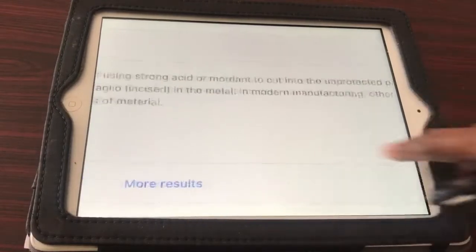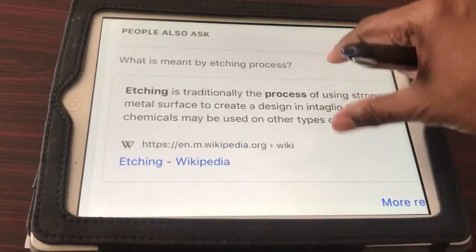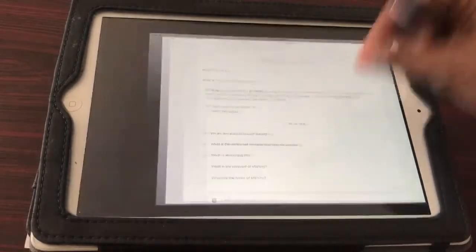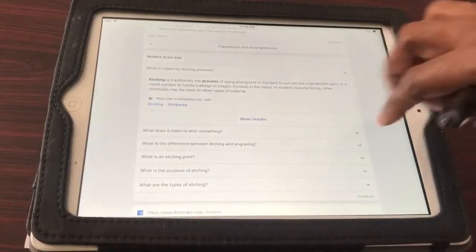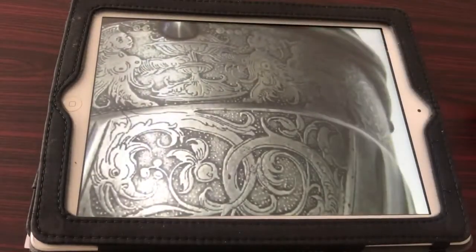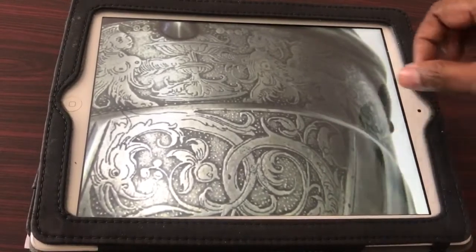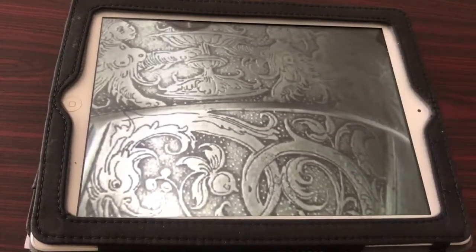In modern manufacturing, other chemicals may be used on other types of material. You might have seen these etching marks on old pillars, and even on grandma's old vessels. It's very beautiful to see, isn't it?